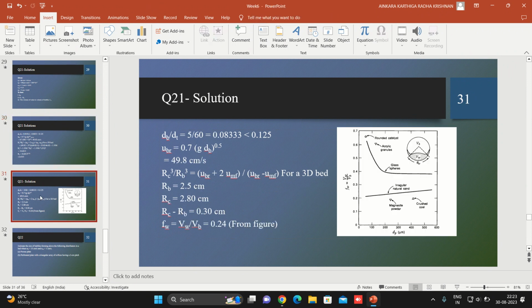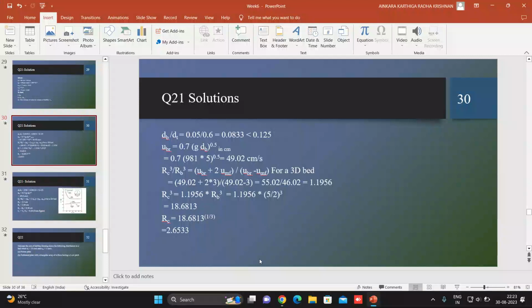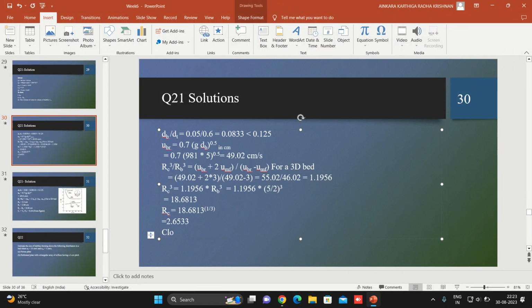We'll see whether that is the right answer. Yeah, it's okay. So the cloud thickness is given by RC minus RB.